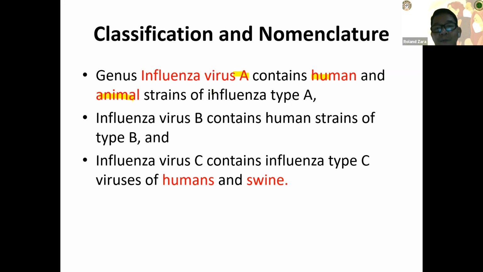And this is usually common in influenza type A. Okay, your influenza virus type B contains human strains of type B, while your C may contain influenza type C virus of human, and also swine. Okay, also swine. So kaya nagkaroon din dahil, di ba, meron kang swine, African swine.